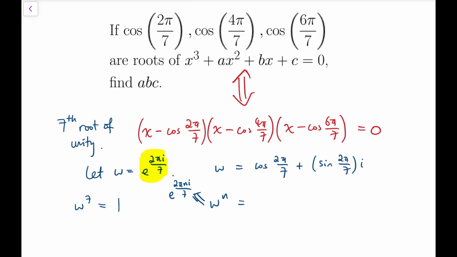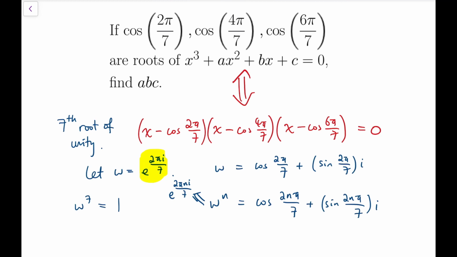And if you write that back in the general form of complex numbers, that is cosine of 2n pi over 7 plus sine of 2n pi over 7 times i. So cosine 4 pi over 7 and cosine 6 pi over 7 can easily be written in terms of cosine 2 pi over 7.